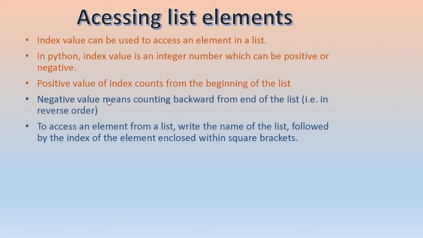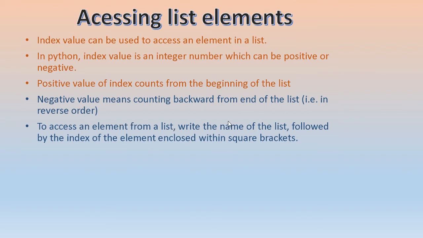The positive value of index is used to access the elements from the beginning, that means in the forward direction. Negative value means counting backward from the end of the list. If I want to access in the backward direction or in reverse order, then I have to make use of the negative index. Both positive as well as negative index can be used to access the list elements.